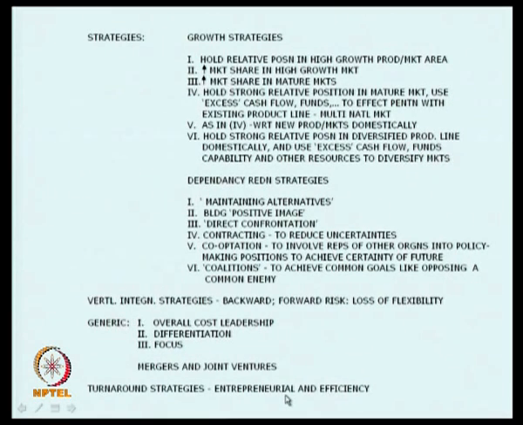It can be entrepreneurial or it can be efficiency turnaround. Sometimes it can also be both entrepreneurial and efficiency turnaround. Okay, fine. Now, we go to the next aspect, the next slide.